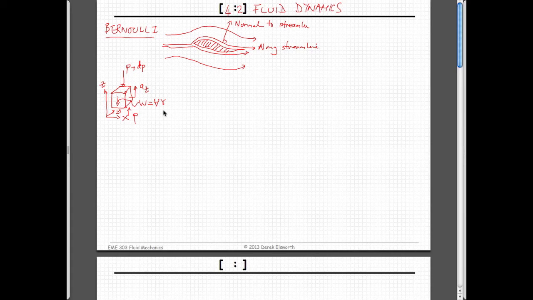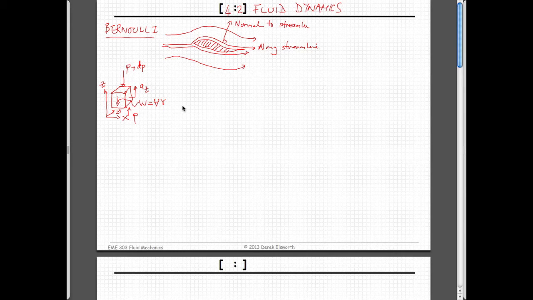So that was our attempt to look at our container, which we put in the elevator. We accelerated upwards, we accelerated downwards, coming up and down. And from that, we could say something about how fluid pressures would change within a container.